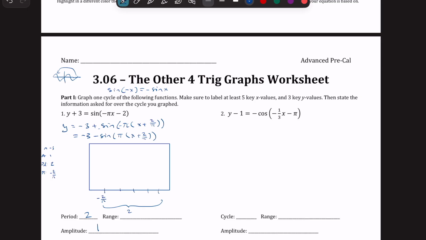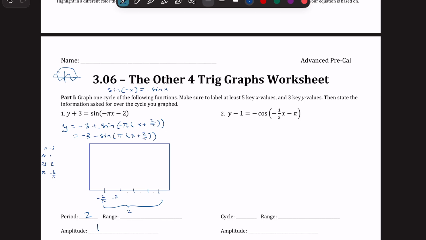Because it's kind of ugly, I know that the increments I'm going to count by are going to be this 2 here divided by 4, which is just 1/2.